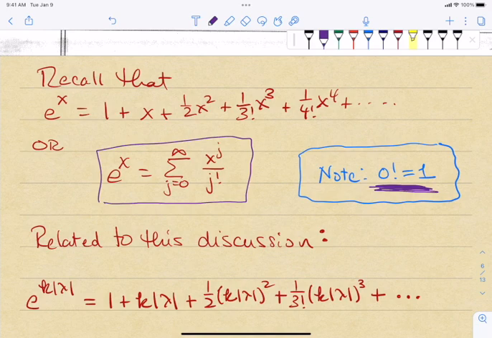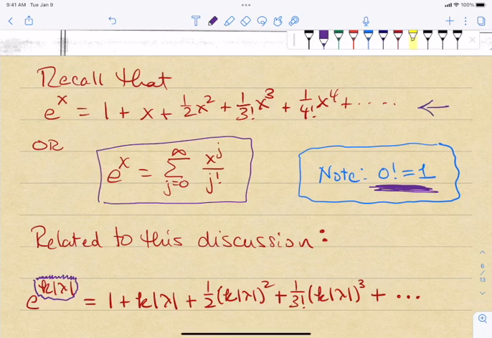Okay, so I have e to the x, and related to the discussion that we're doing right now, my x is going to turn into something very specific. My x is going to turn into this k lambda, or k absolute value of lambda, or modulus of lambda. And so everywhere up here that you see an x, just replace it with k times absolute value of lambda.